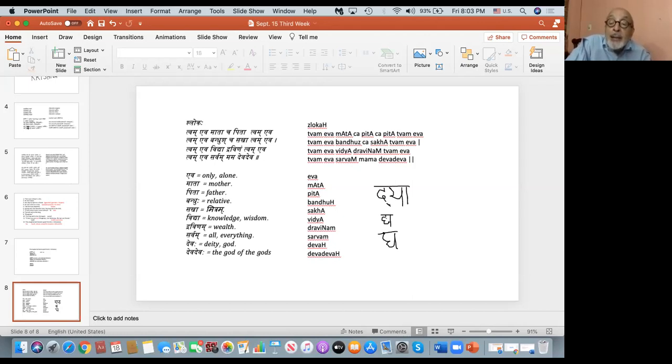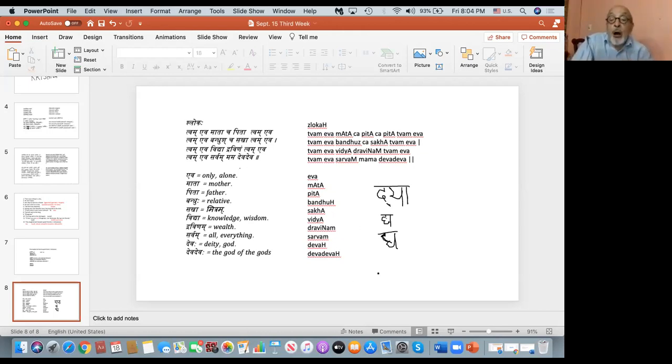Suppose it has a tiny neck, I call it neck, then that turns into dya. So that is Vidya, and we have dra, with the R. This is Dravinam. Tvam eva. Do you have any question about the script?